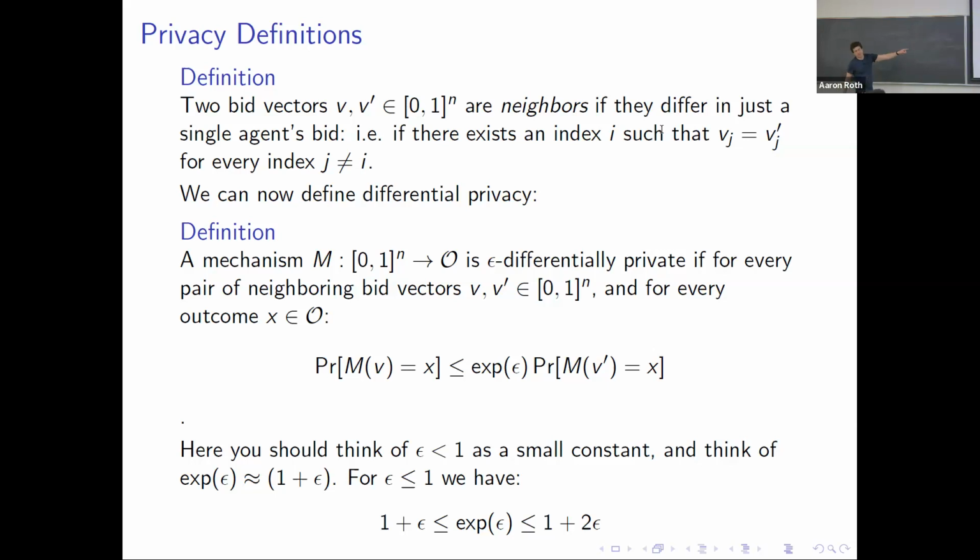That would be a violation of differential privacy, because for thing 1, the probability of it occurring would be 0 on one side of this equation and 1 on the other side, and even for very large epsilon, 0 times e to the epsilon is 0.